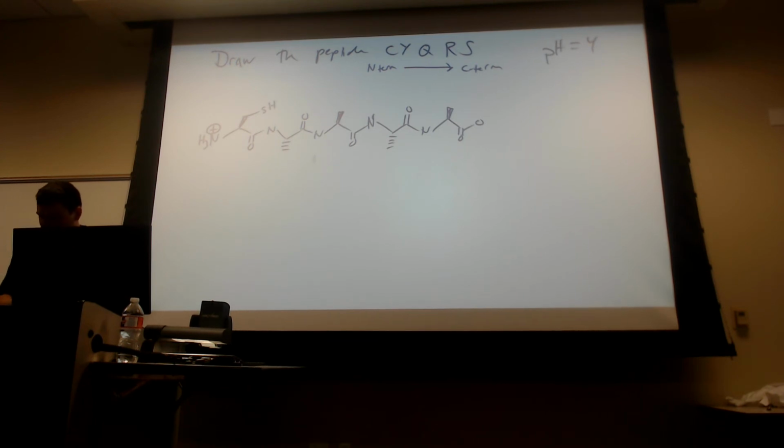pH is below the pK, so it's protonated. We have tyrosine. That's a 6-membered ring. pH is below the pK, so it's protonated. Q is glutamine.